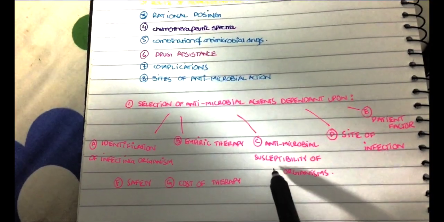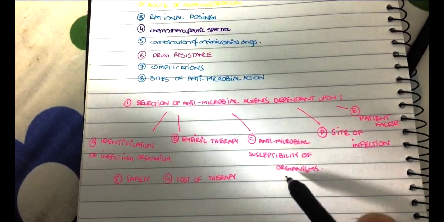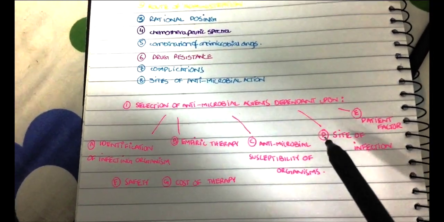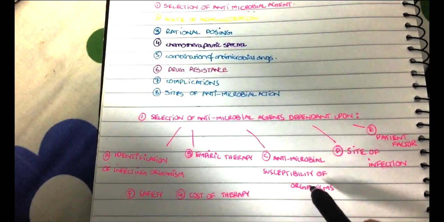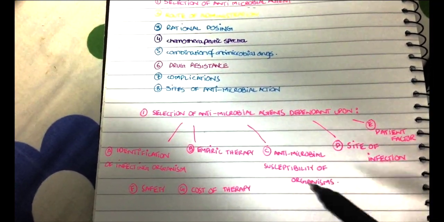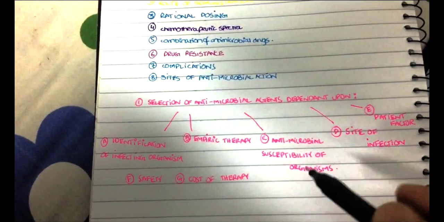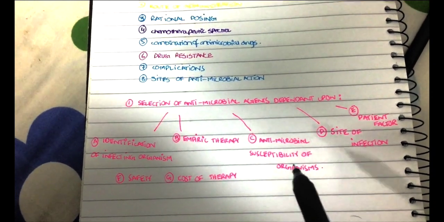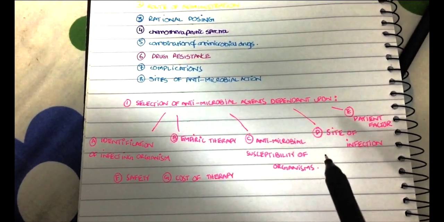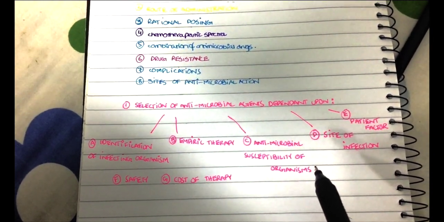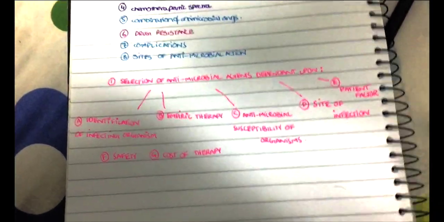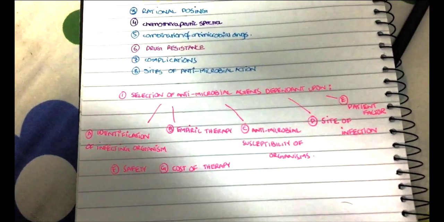This is basically that, for example, there is an antimicrobial drug, say, and there is an organism. So that organism or that bacteria is in danger from what drug? We need to know that.